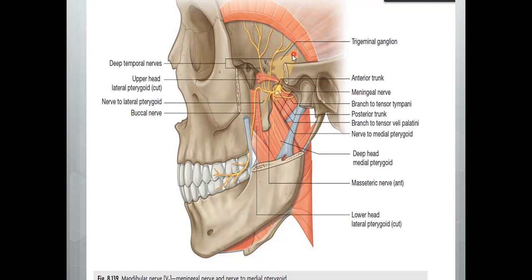So this is the trigeminal ganglion. From this, the different branches, it gives off the anterior trunk. And anterior trunk again gives the branches: nerve to lateral pterygoid, and another is buccal nerve, which descends downwards to this part.